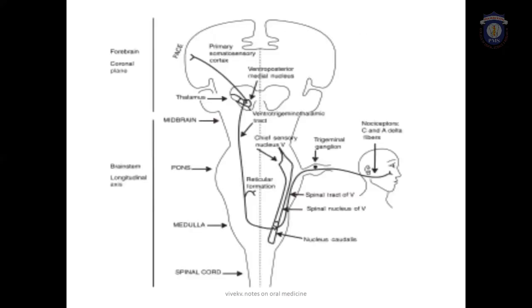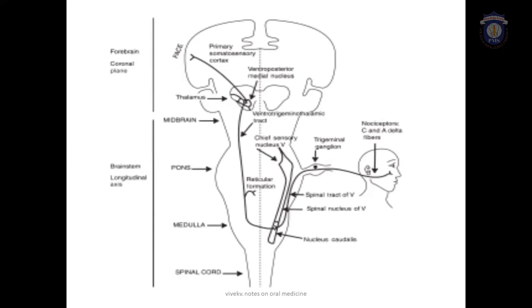This is a picture of the pain pathway, which starts from the nociceptors in the orofacial region, and it is transmitted along the trigeminal nerve to the trigeminal ganglion. From the trigeminal ganglion, it is transmitted along the spinal tract of the trigeminal nerve and reaches the spinal nucleus of the trigeminal nerve.